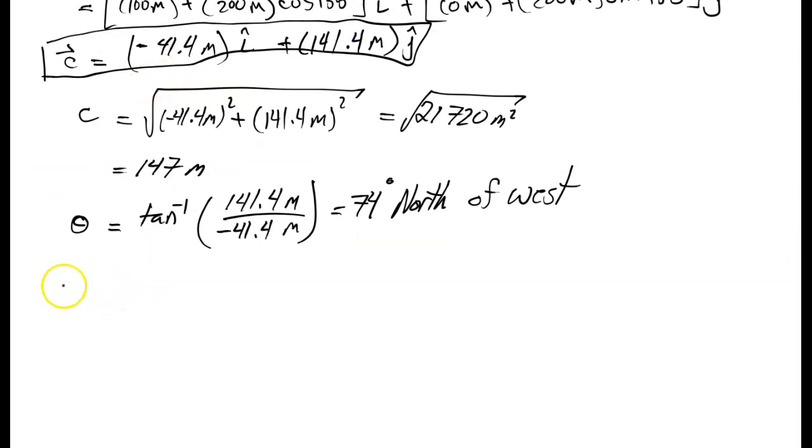Now, I said there's two ways we can do this. The second method is actually called the law of cosines, which is something you might have recalled from your trig days.